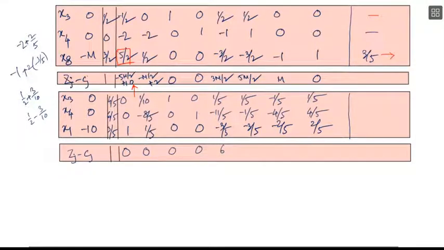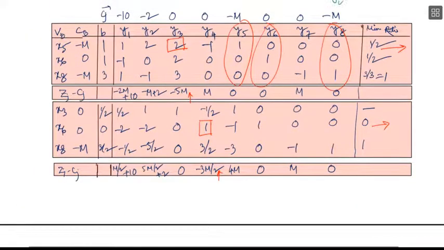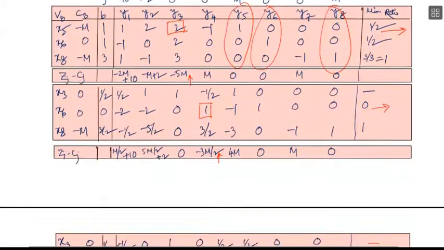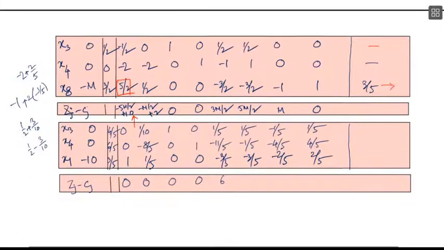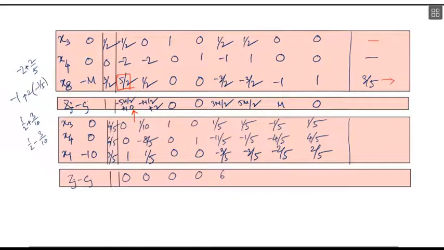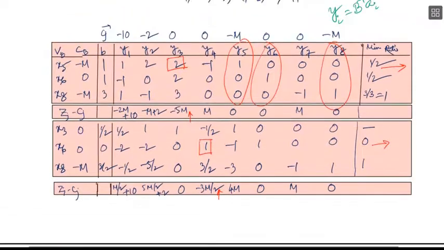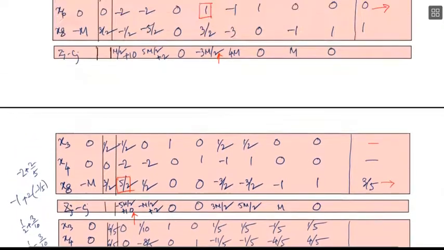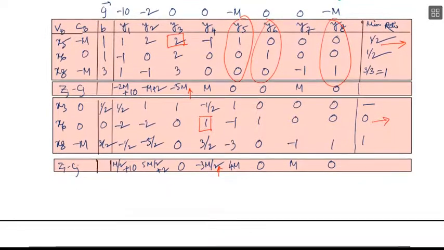and one thing we can do, what we haven't done, we can drop the columns corresponding to artificial variables once they leave the basis. However, we haven't done so yet, so we continue. The next one is y5.